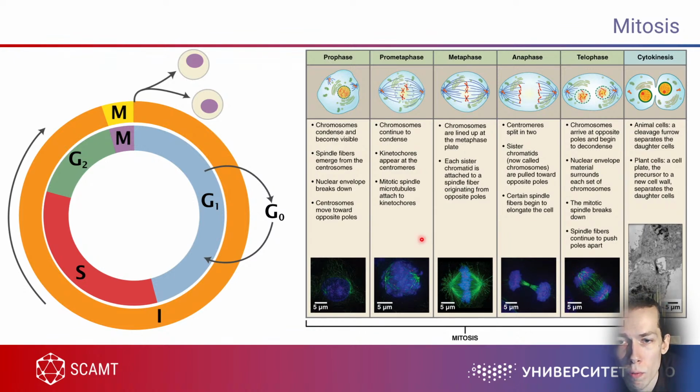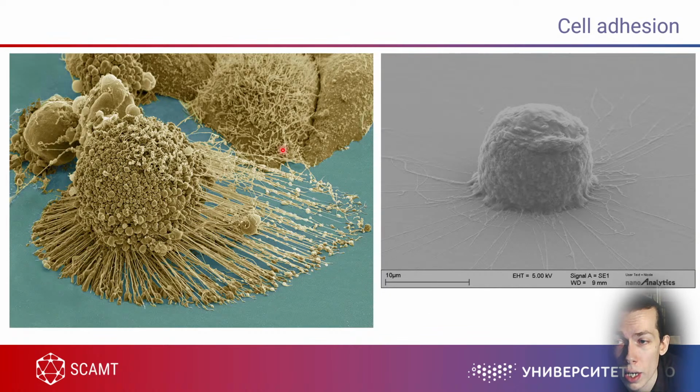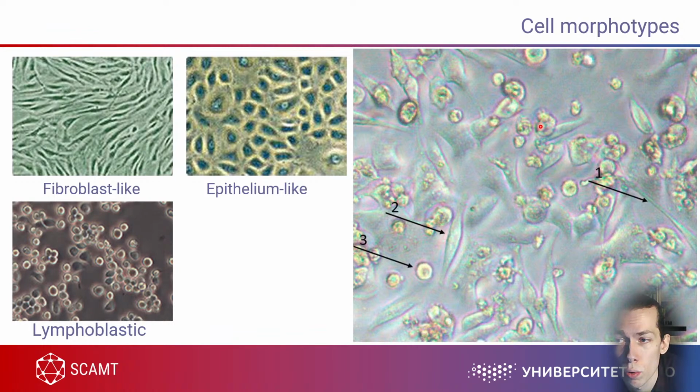But what's so special in understanding cell behavior is the cell cycle. Usually, when you're working with cells, you never pay attention to the cell cycle. You have some cells, you look at the cells with your eyes, with a microscope, and you never think about, for example, this particular cell: is it in phase G1, or maybe in G2 phase, or maybe it's undergoing mitosis.